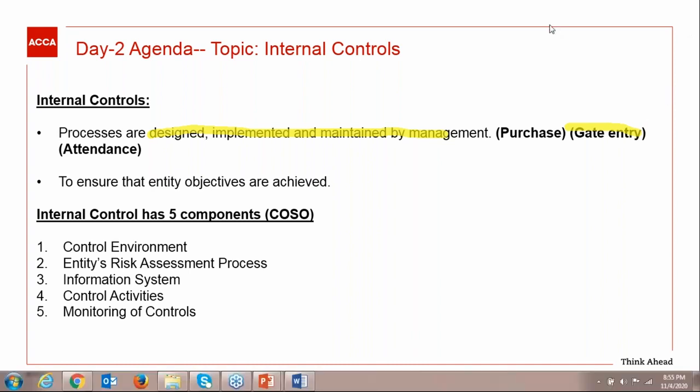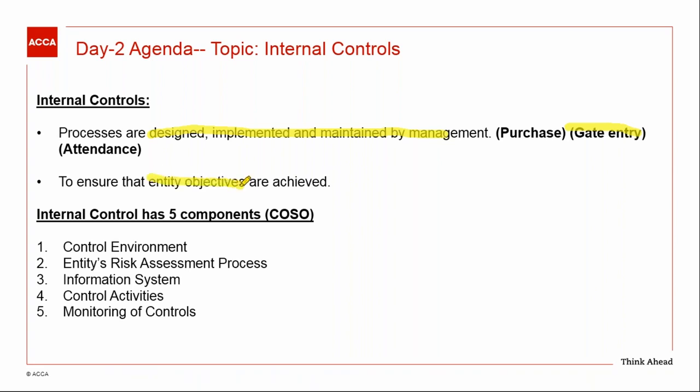So this is the control objective. This is the entity's objective, that is, to prevent unauthorized persons from entering the organization. Okay, so how does the management control this? What is the internal control that the management put in place to achieve that objective? Management places the internal control in the shape of a security guard.